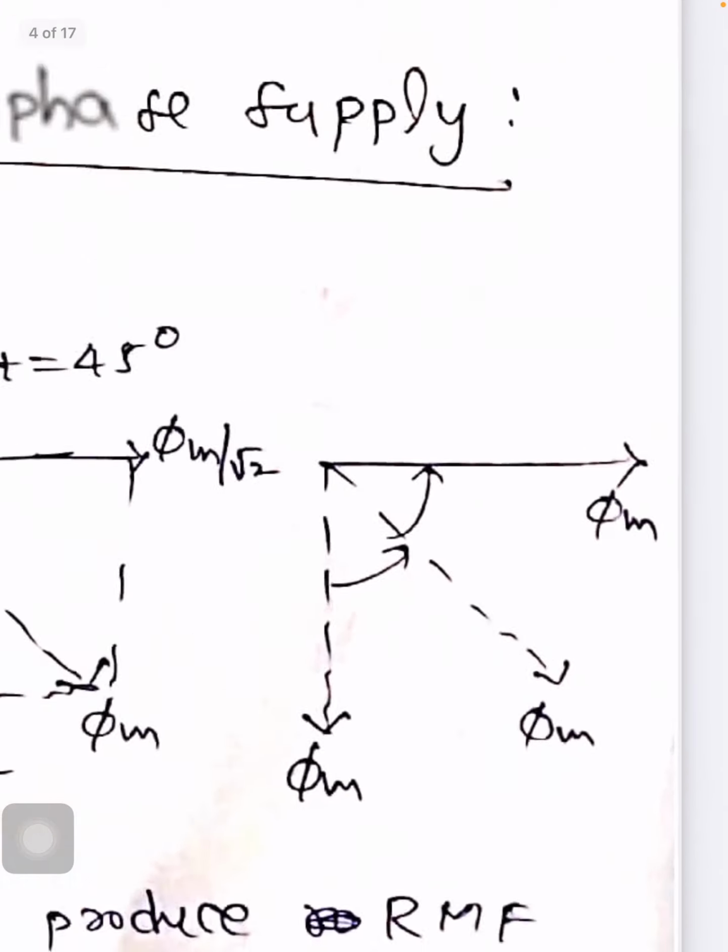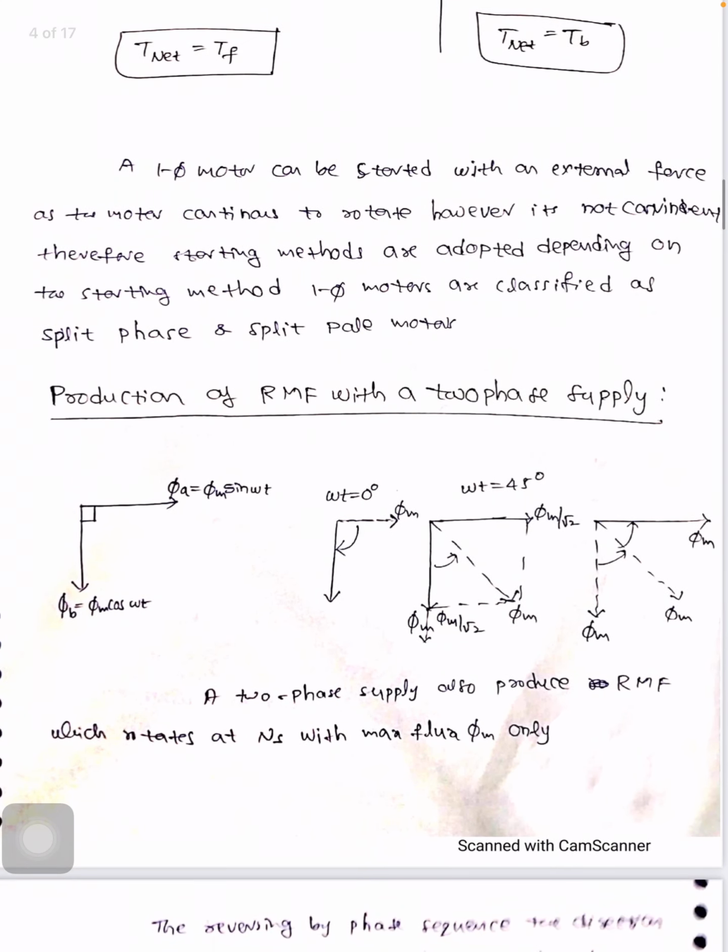φm, right? So the position of the magnetic field is always changing with respect to the omega t. It means that a rotating magnetic field is developed in the air gap whenever the supply is a 2-phase supply. So a single phase does not develop the rotating magnetic field, but the 2-phase supply always develops the rotating magnetic field.